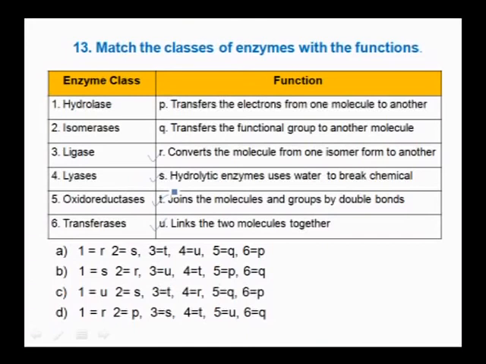So they will remove the single bond and form the double bonds. Next one is oxidoreductase. The name clearly indicates it is associated with electrons. So it transfers electrons from one molecule to another, thereby causing oxidation and reduction one after the other.